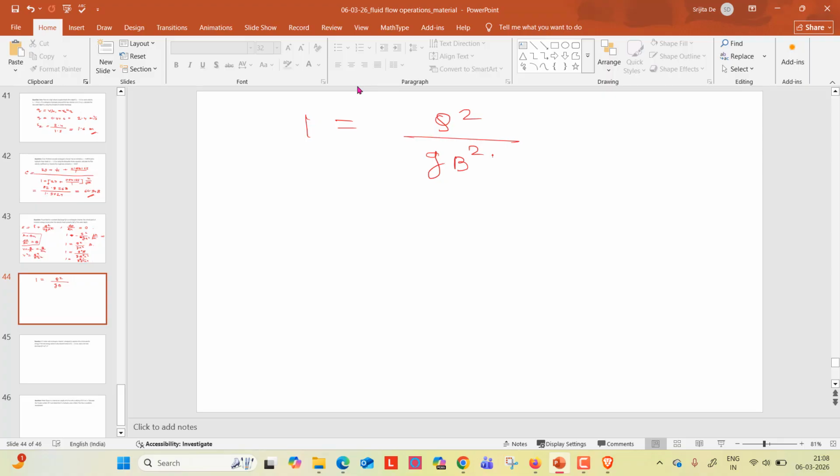So if we differentiate it, like 1 by GH, it will be Q square by B square H square, which is nothing but 1 by GH equals V square. We have just seen that. Okay, so what is coming?